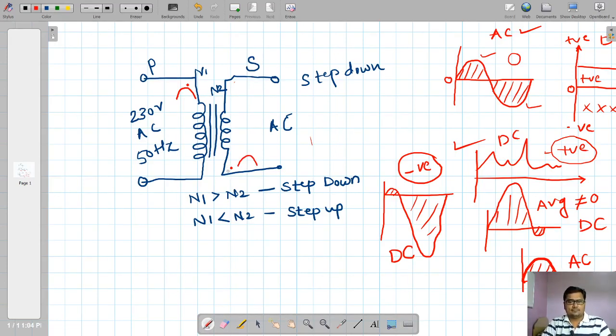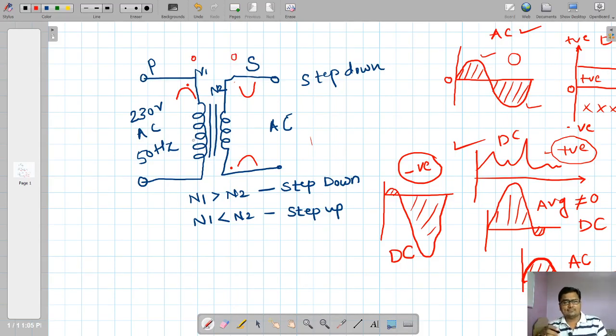So if the positive half cycle is available at the bottom, what is there at the top? At the top, I am getting a negative half cycle. It means now primary and secondary are completely out of phase. These two terminals, this one and this one, are out of phase. That is, a 180 degree phase shift is present between primary and secondary.